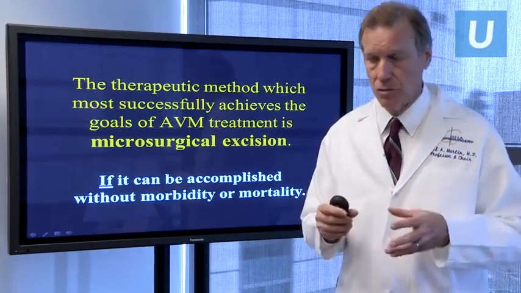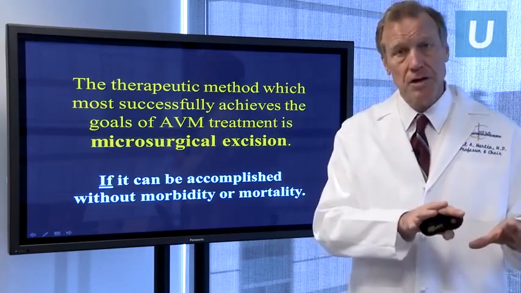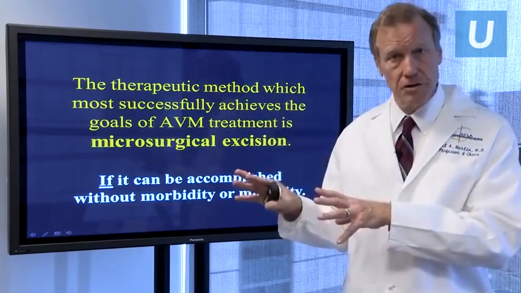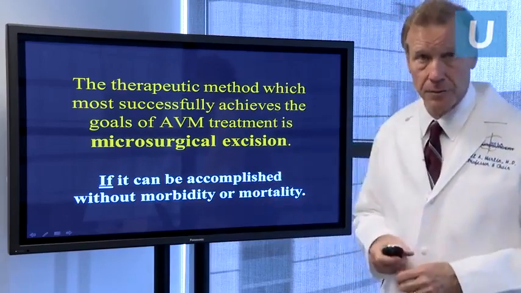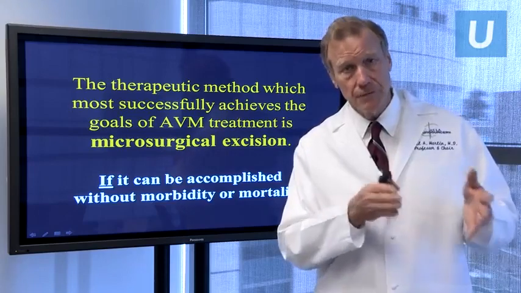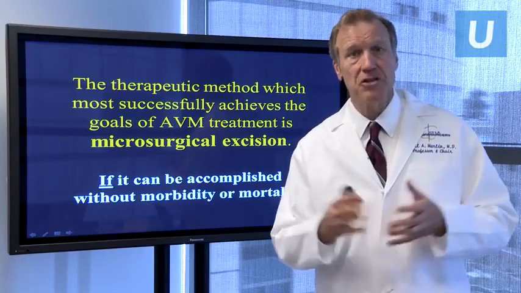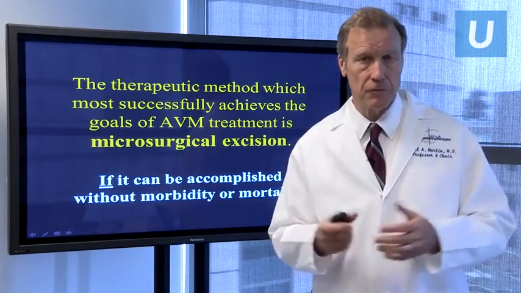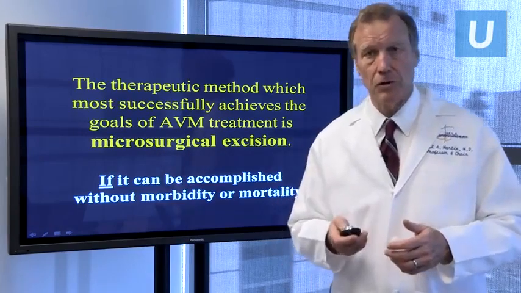That's the key issue. And in some cases, surgery is not possible. The grade of the AVM is too high, the surgical risk is too high, and alternative methods have to be used for treating it. In these cases, focused radiation therapy, stereotactic radiosurgery as it's called, or gamma knife treatment as it's often referred to, is a viable alternative.